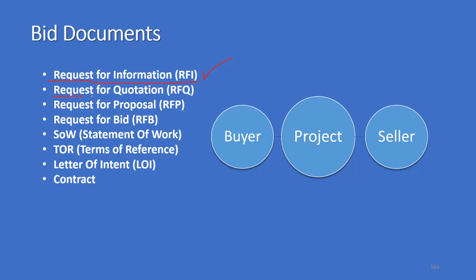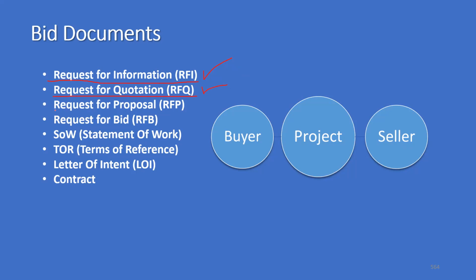Then we have request for quotation, that is RFQ. This is for standard items. You request for quotation for 1,000 liters of paint, or 100 tons of steel, or material for furnishing. That is request for quotation, standard items.